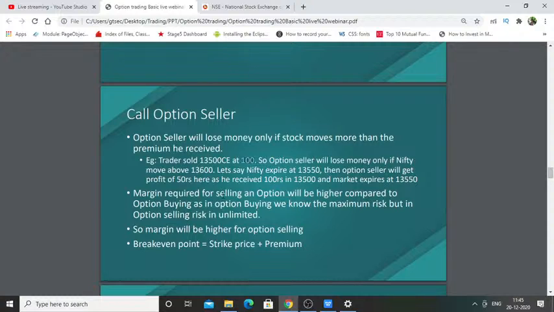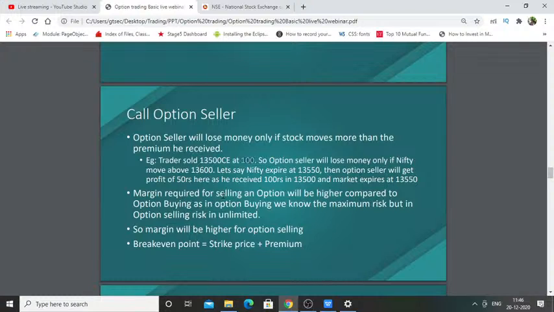But the margin requirement for option selling will be higher compared to option buying, because in option buying the losses are limited. He is not going to lose anything more than the premium he spent for buying.